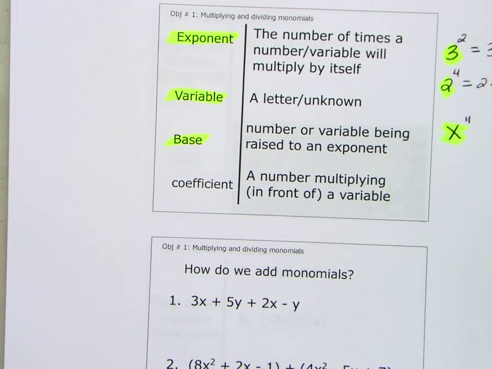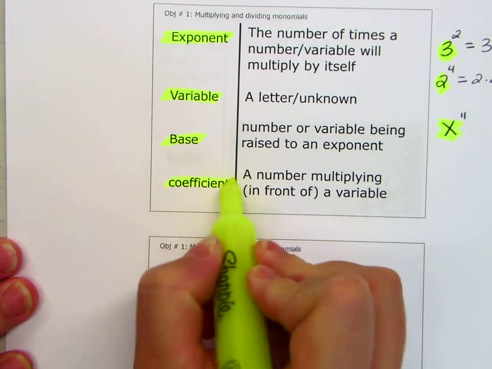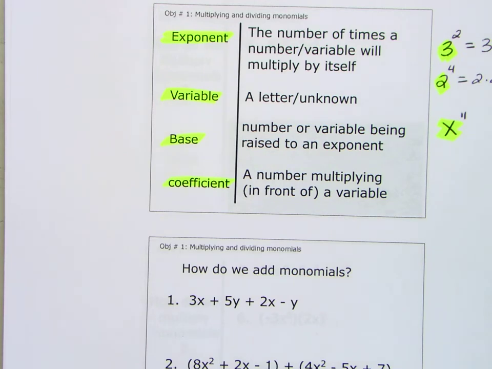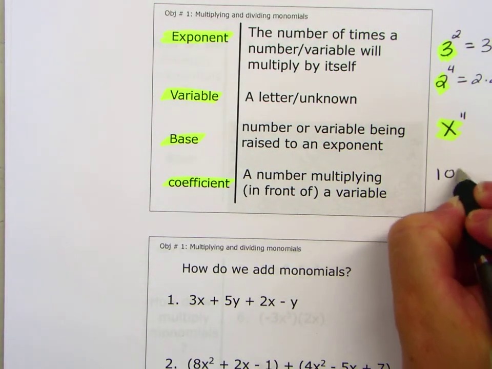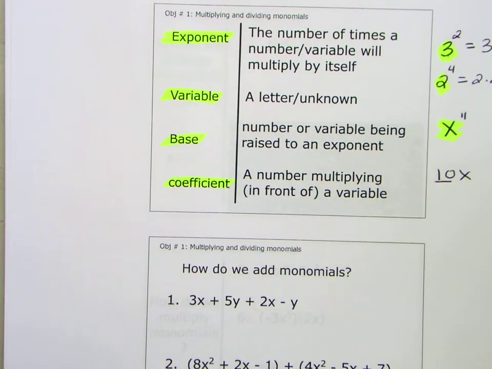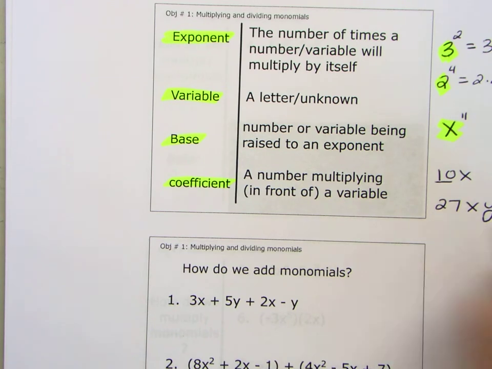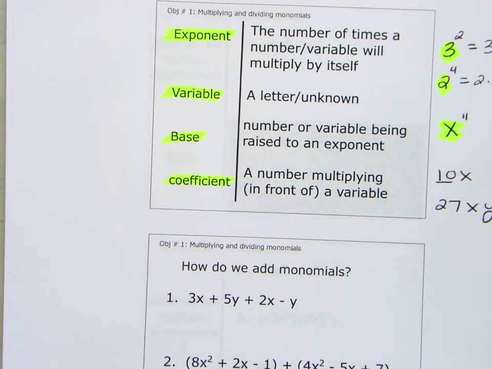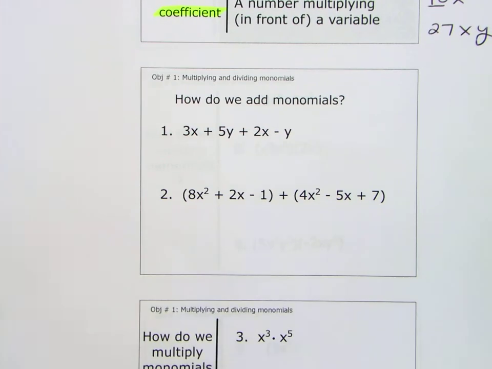And lastly, the coefficient is a number multiplying a variable. So it's whatever's in front of the variable. Right? So if you have 10x, 10 is your coefficient. 27xy, 27 is your coefficient. Okay? Again, if you need to write this, you should pause this video right now so you can get everything down.